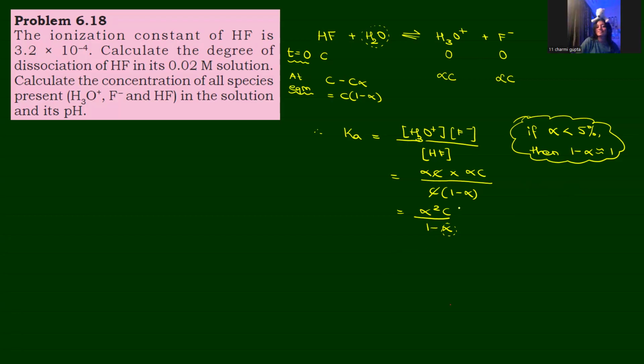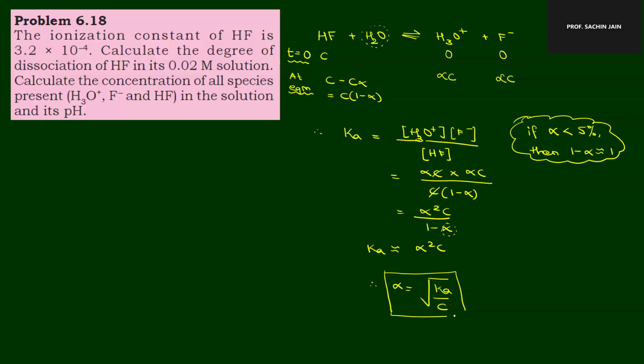Yes, sir. So in this case, if we approximate, then the Ka value becomes alpha square C. And through this, you get a simple relation of alpha and the concentration, which is given by alpha equal to root of Ka by C. Now there is a condition in relation to Ka also.